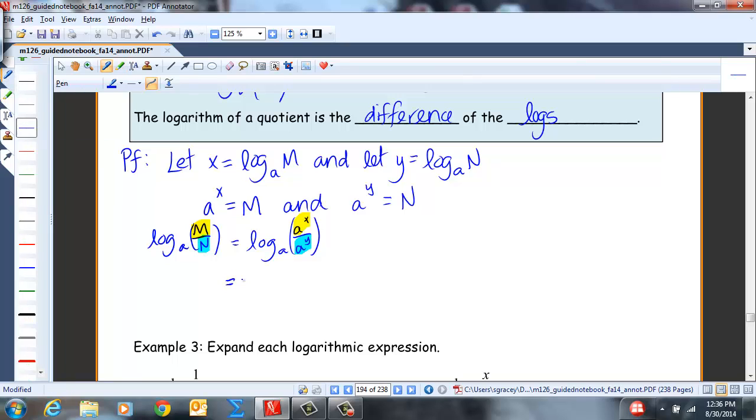So this will give us log base a of a raised to the x minus y. And we'll have x minus y, because we're evaluating a logarithmic expression base a at an exponential base a, so we get what's in the power. And back substituting, this is log base a of m minus log base a of n. So you're done.